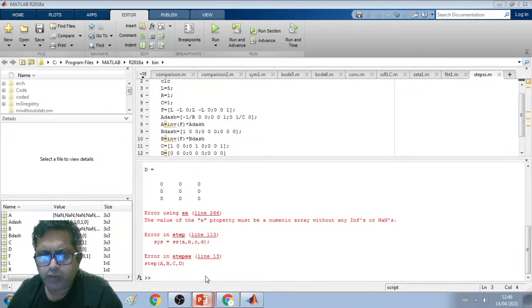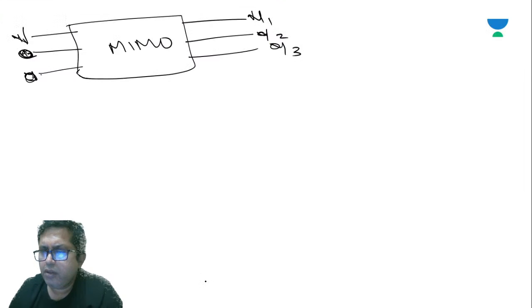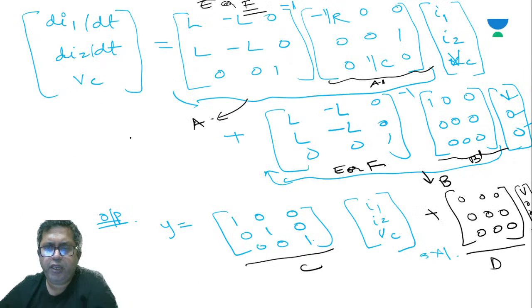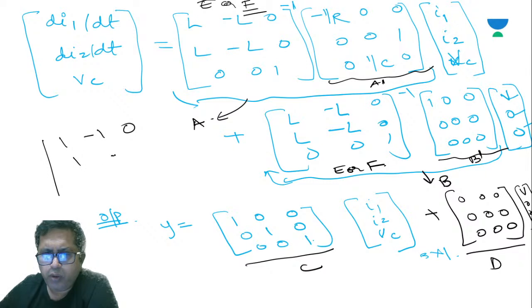So let us check whether we are getting an infinity somewhere. Let us see the determinant. The determinant was 1 minus 1 0, 1 minus 1 0, 0 0 1. Let us see this determinant.